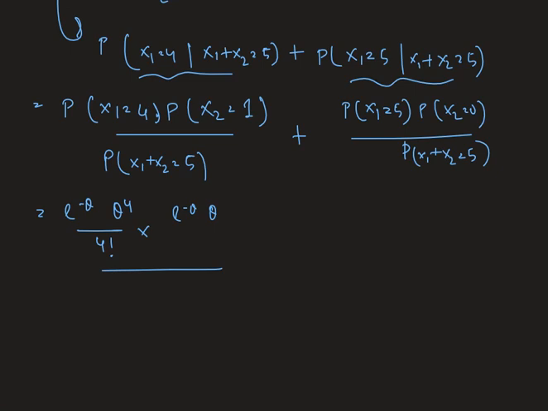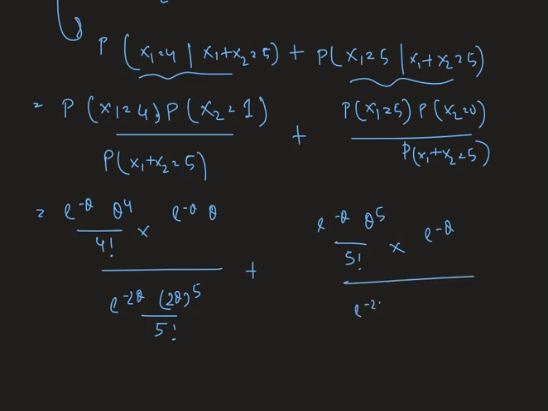And here we get e to the power minus 2 theta, as x1 and x2 both are Poisson theta, therefore x1 plus x2 is Poisson 2 theta, so we get e to the power minus 2 theta whole to the power 5 divided by 5 factorial. Plus e to the power minus theta, theta to the power 5 divided by 5 factorial into e to the power minus theta, over e to the power minus 2 theta whole to the power 5 divided by 5 factorial.